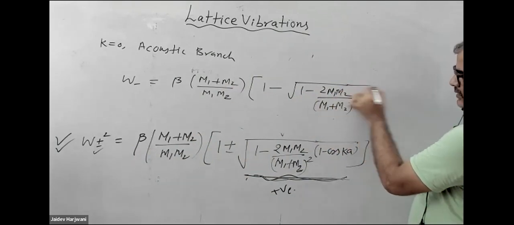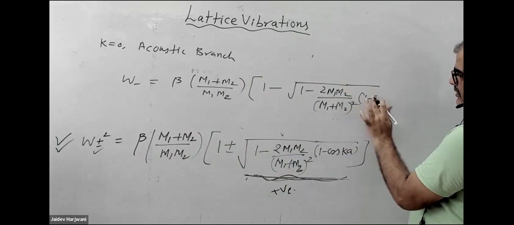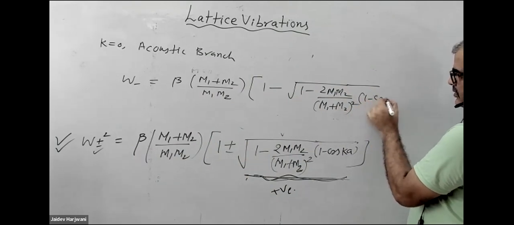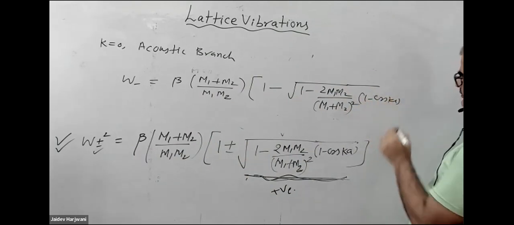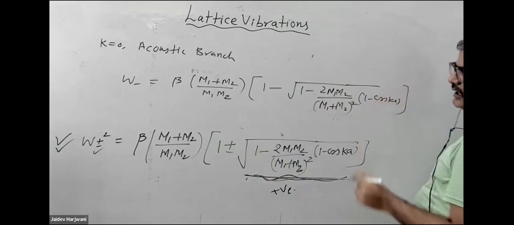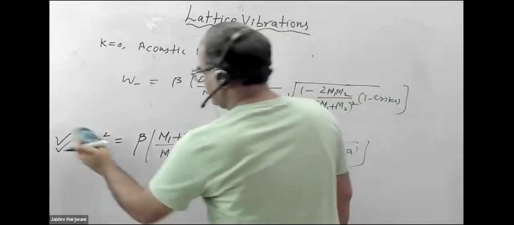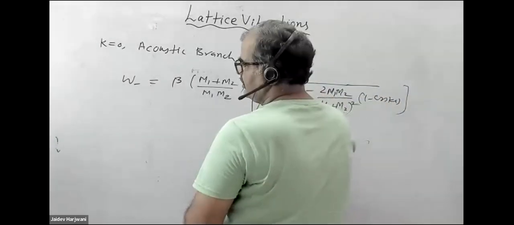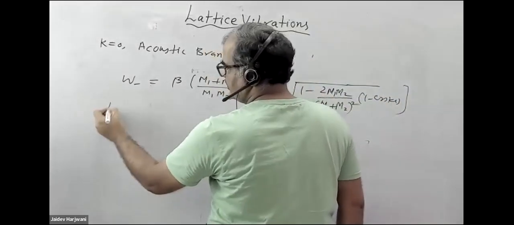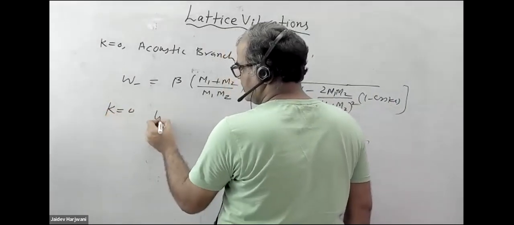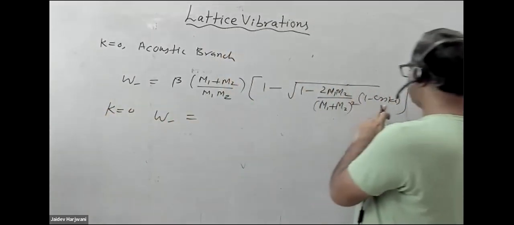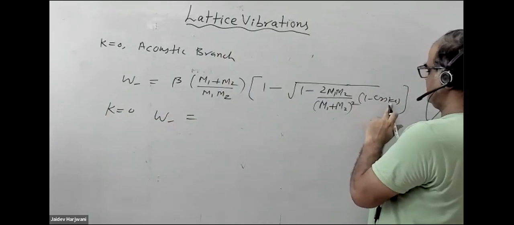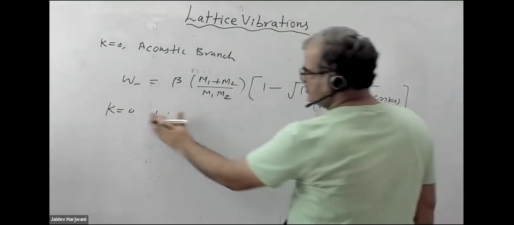1 minus cos ka. Now I'm taking k equal to 0, near the k is equal to 0 region. So k is equal to 0, and this expression becomes 1.